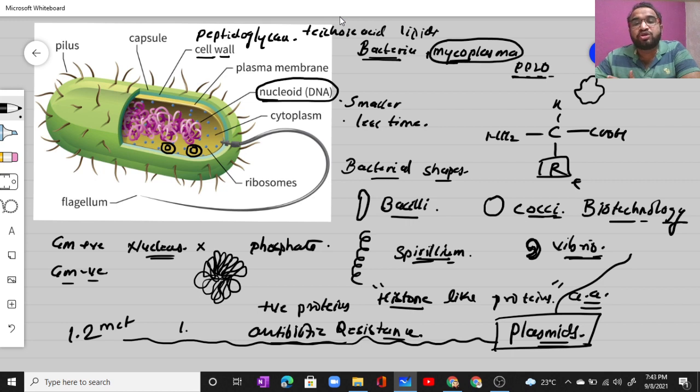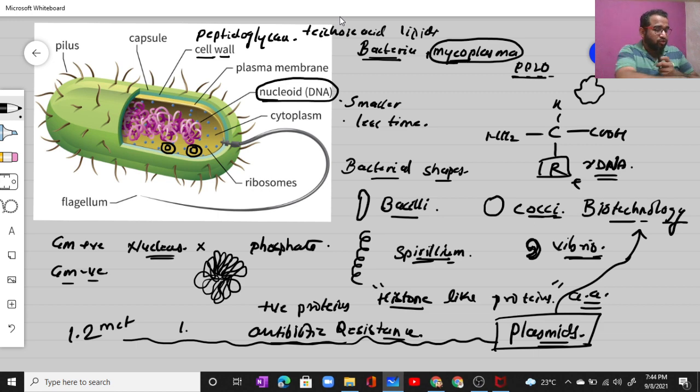So that gene also expresses itself and the protein is produced with the help of these plasmids. It is a long topic. We will have a separate video for the plasmids from the biotechnology chapter for 12th. But just remember that plasmid is widely used in the field of biotechnology, especially in rDNA technology, that is recombinant DNA technology. So this is all about the plasmids.